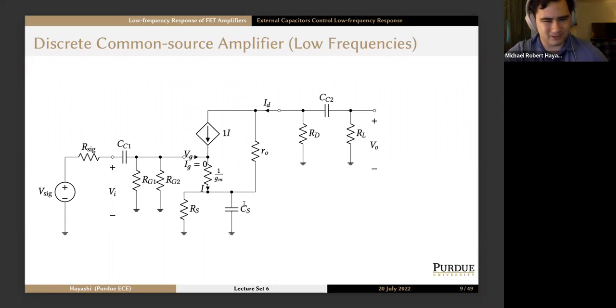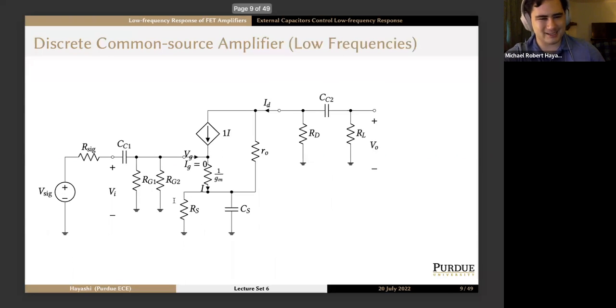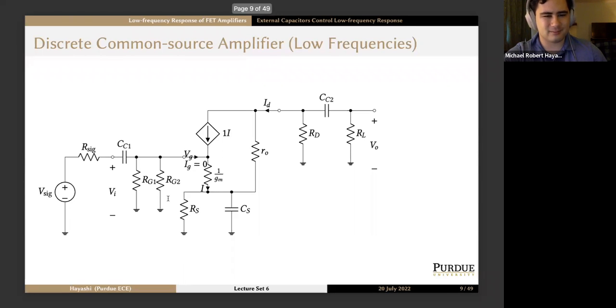And then lo and behold, it's exactly like I said. Just take a moment to figure out how we got here. So, we just redraw things. V sig is a signal, so it stays. R sig is part of the small signal circuit, it stays. CC1 exists as is. RG1, short circuit to ground at the top. RG2, well, it's already grounded.